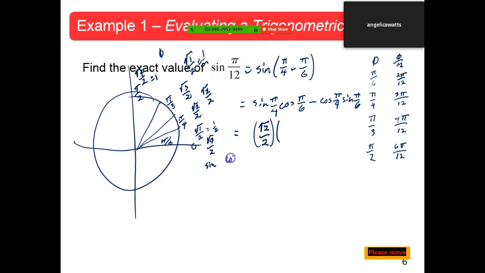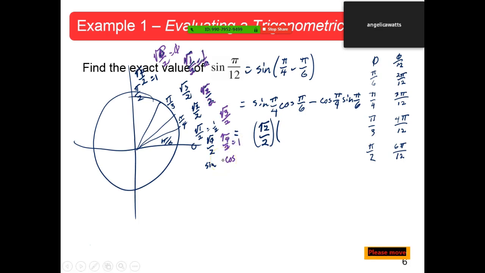The cosine will be purple, and that would be 0, which is square root of 0 over 2, which is 0. This is the square root of 1 over 2, which is 1/2. Now you can't read my writing. This is the square root of 2 over 2. This is the square root of 3 over 2. And this is the square root of 4 over 2, which of course is 1.